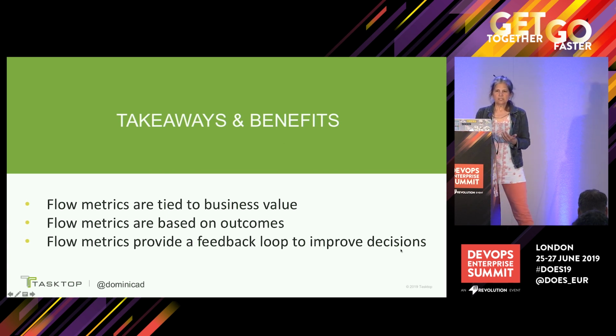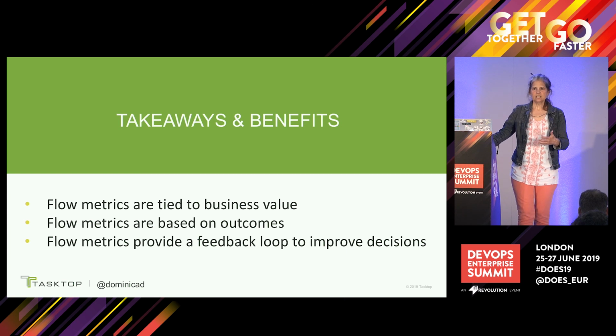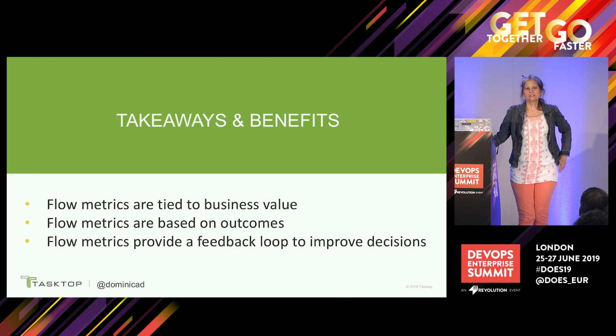Flow metrics are based on outcomes, not output. Any metric that's measuring an activity is an activity metric. Some might call that a proxy metric. What? I'll think of it probably 5 minutes after this talk. A vanity metric, right?